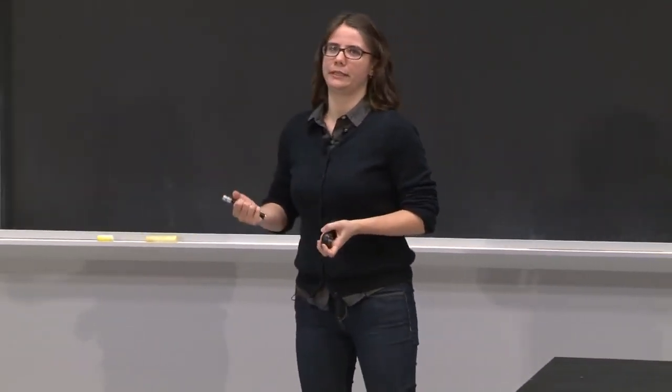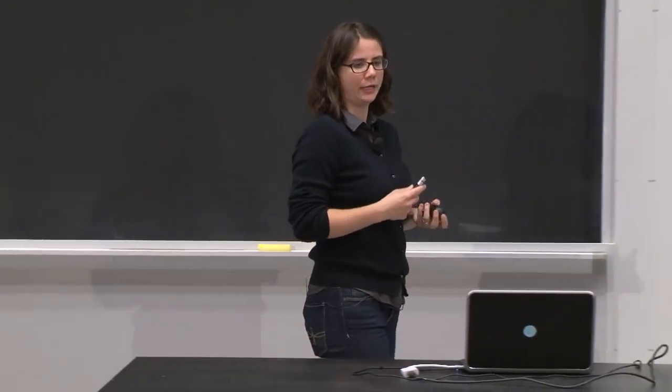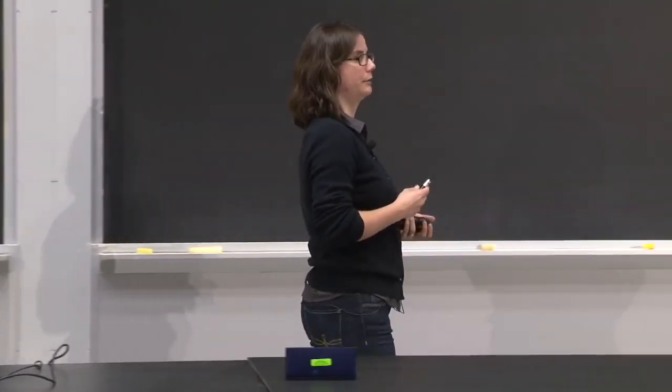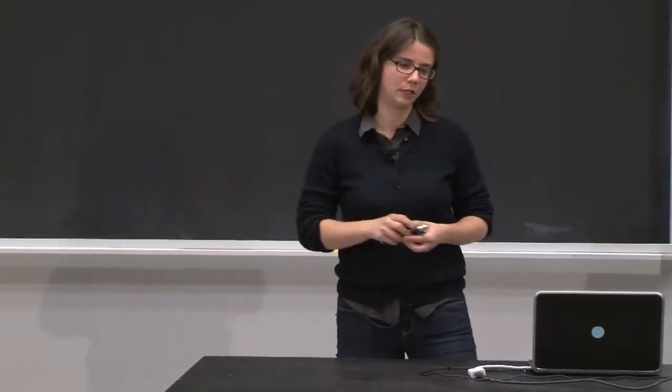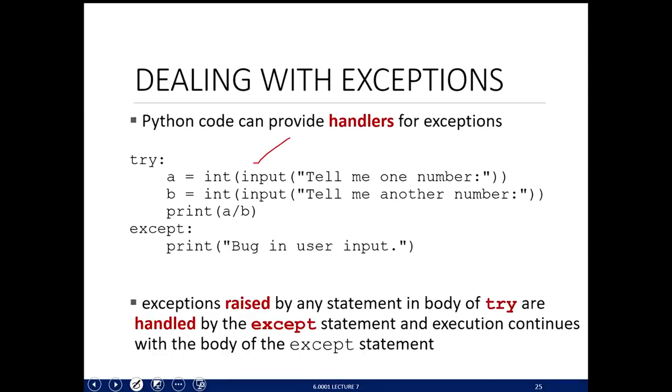So how do we deal with these exceptions? Okay. In Python, you can actually have handlers for exceptions. So if you know that a piece of code might give you an error. For example, here I'm dealing with inputs from users. And users are really unpredictable, right?